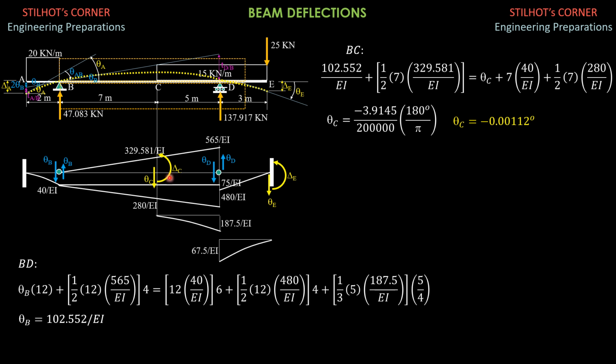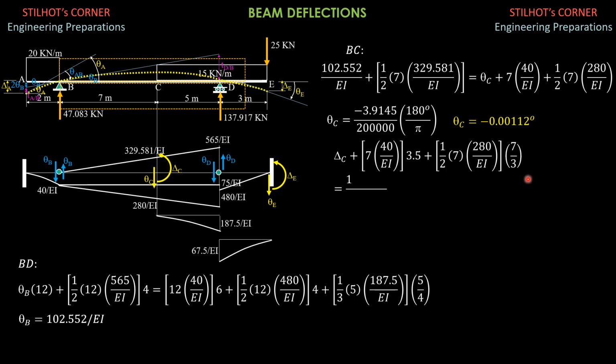Then delta C, summation moment about C equals 0. So we have delta C plus 7 times 40 over EI times 3.5 plus 1/2 of 7 times 280 over EI times 7/3 equals theta B, which is 102.552 over EI times 7 plus 1/2 of 7 times 329.581 over EI times 7/3.